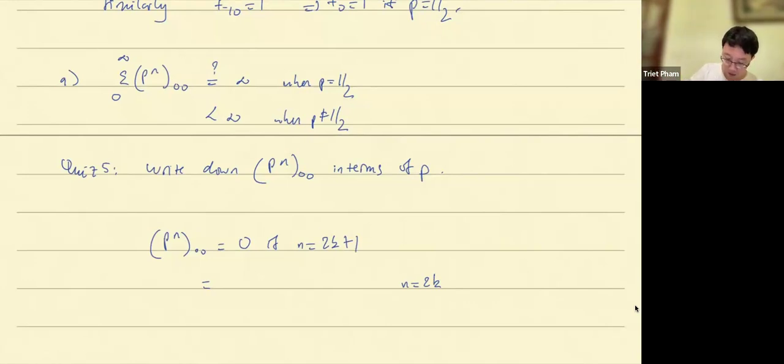So out of 2k steps, you choose k steps that walk in one direction and the remaining walk in the other direction. Like that.